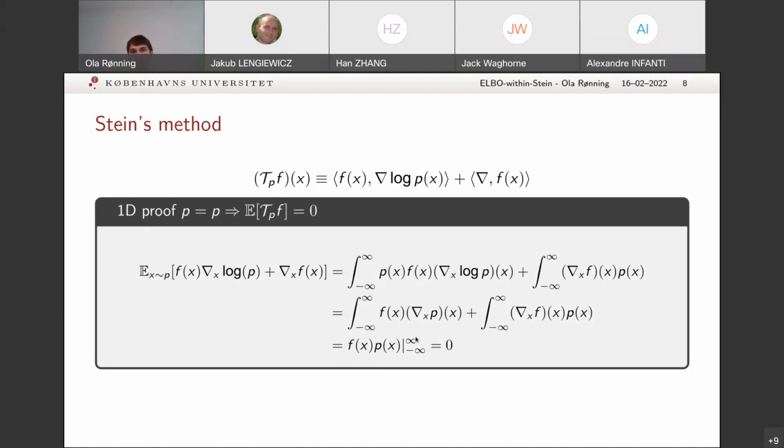And if we assume that the probability vanishes at the boundaries, well, then we have actually proven that if P equals itself, then the Stein identity holds.